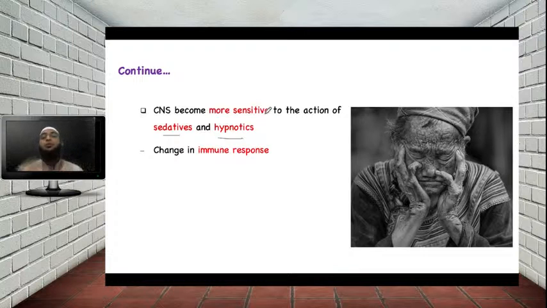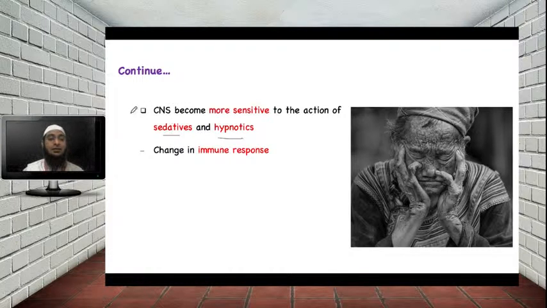If you give a hypnotic drug to induce sleep, the elderly patient may suffer from sedation throughout the next day morning. That is not expected, because you are giving a hypnotic drug to produce good sleep only at night and to improve performance during the daytime. But when it is given to elderly patients, since their CNS is more sensitive, it is also observed that they suffer from daytime confusion due to the dose of sedative and hypnotic drug.